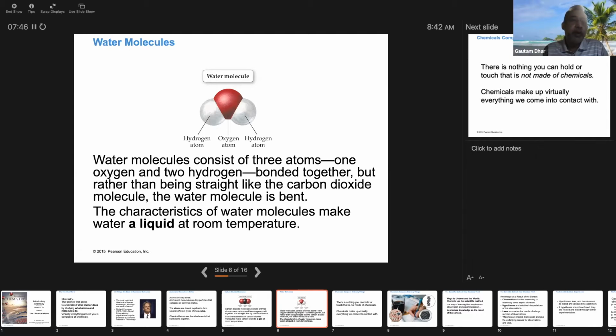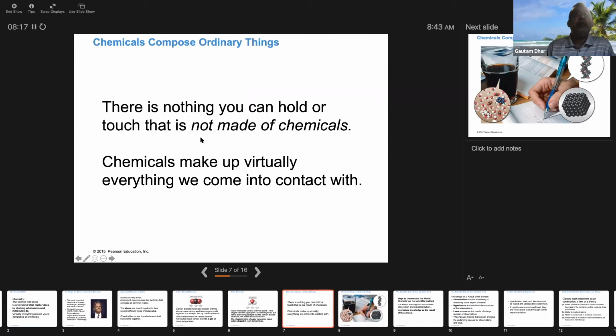When you think of how everything is getting controlled in our body, how our body is keeping that homeostasis in the blood, that is from molecular recognition. How a drug works is through molecular recognition. So there is nothing you can hold or touch that is not made of chemicals. The world around us is made up of chemicals. We are living in the chemical world.